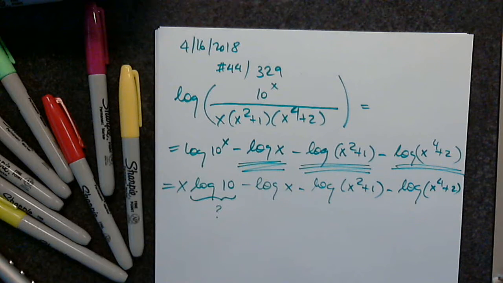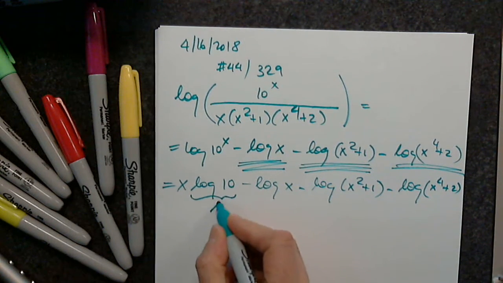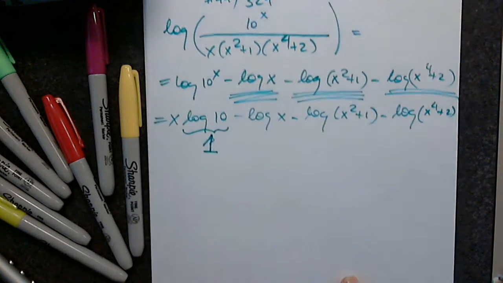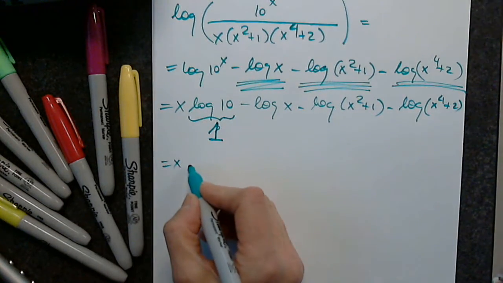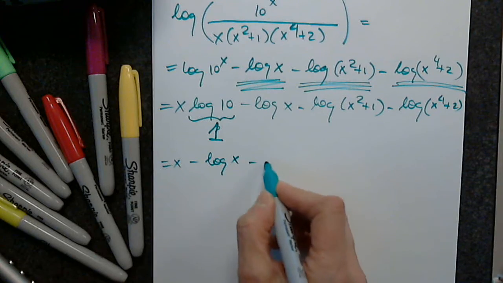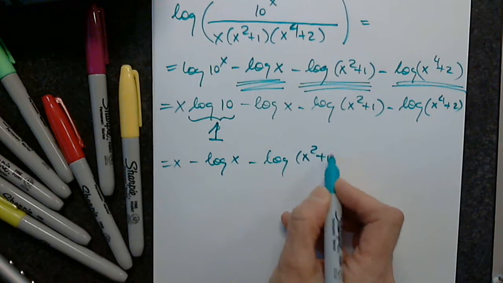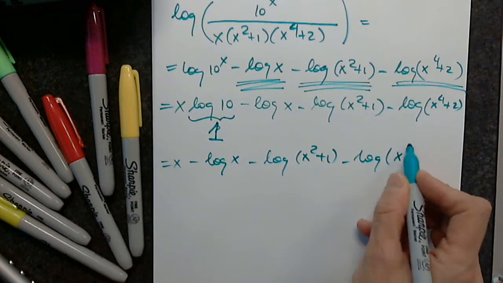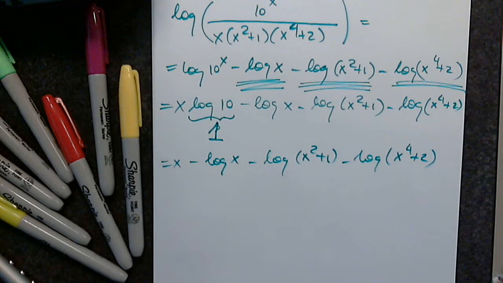But every time I see a log in whatever base of a number, I have to ask myself, 10 to which power is 10? 1. So then this equals 1. So then the final becomes simply x. So x minus log x minus log x squared plus 1 minus log x to the fourth plus 2. And this is it.